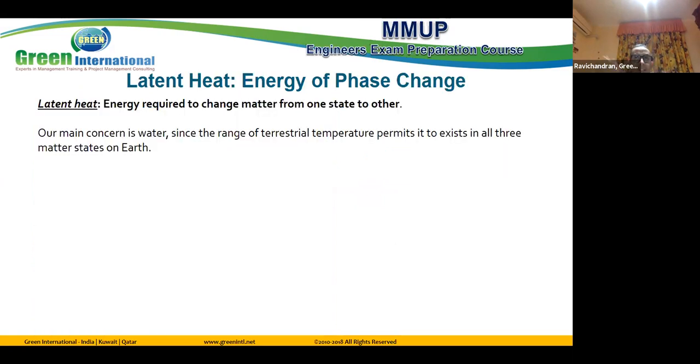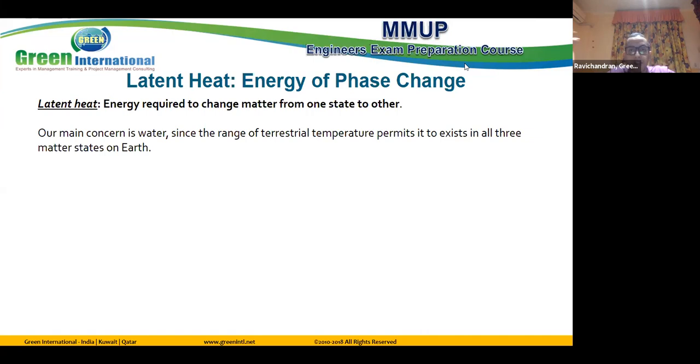Latent heat, we studied this one before, but we're going to go over it again to remember. Latent heat and sensible heat. What's the difference between them? Latent heat is related to phase change. Sensible heat is related to temperature rise.